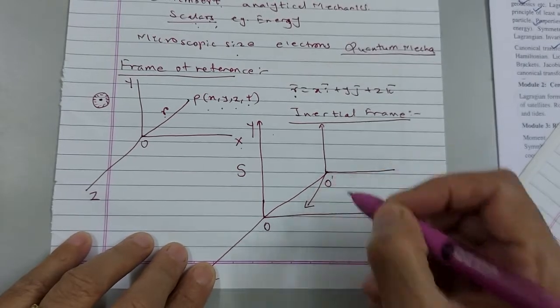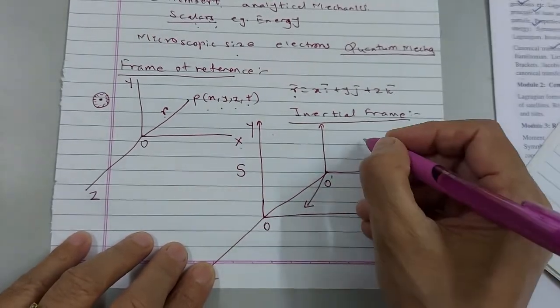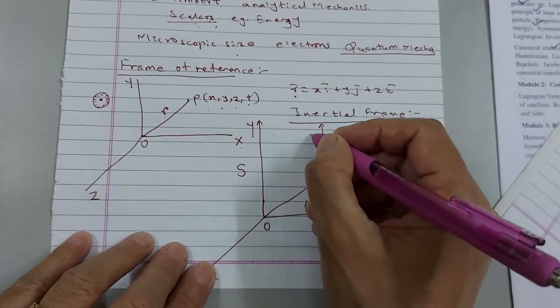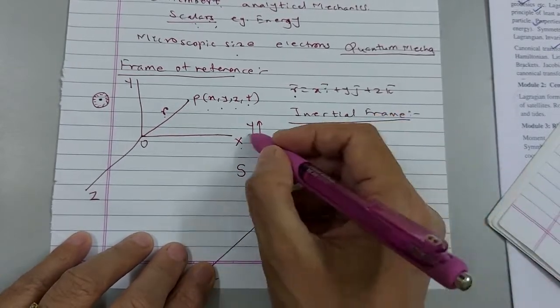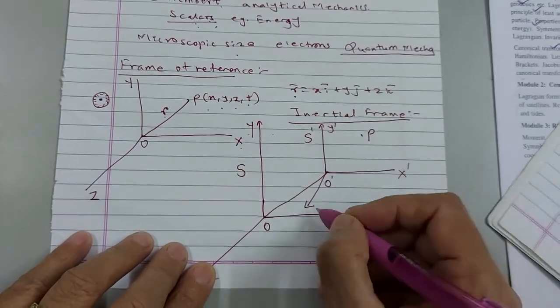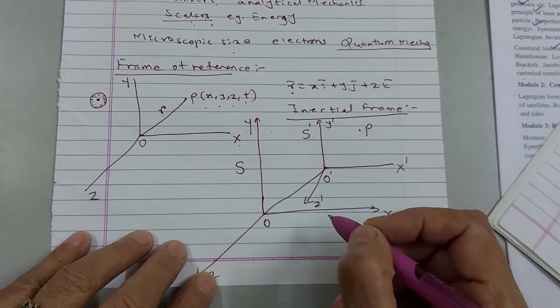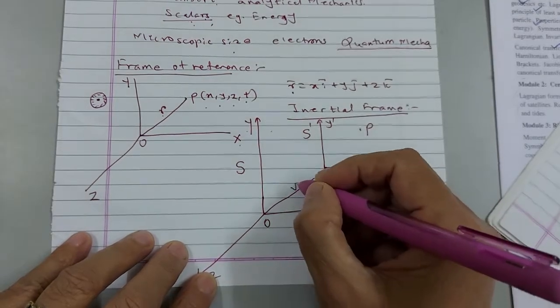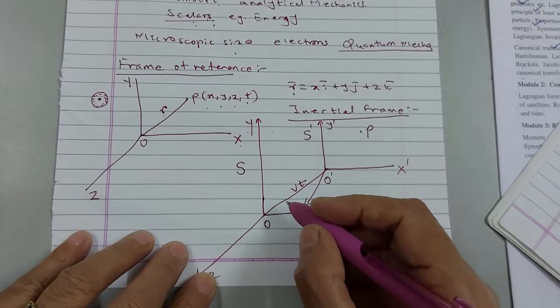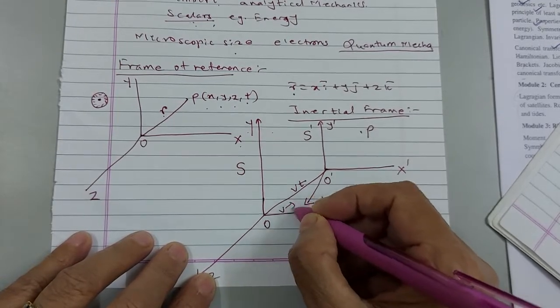This is O dash. Now I take point P in the frame S dash. This is y, so this will be y dash. This is x, this is x dash, this is z, this is z dash, and this is vt, because I am showing v in this direction.